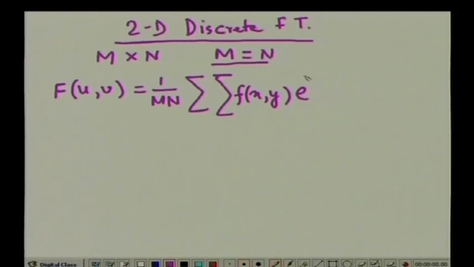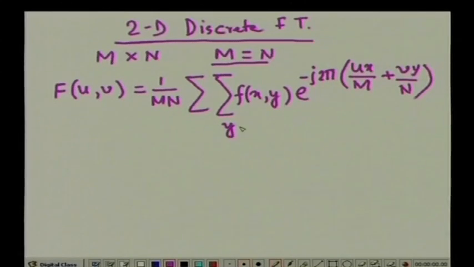The expression remains almost the same, e to the power minus j 2 pi (ux by capital M plus vy by capital N), and now the summation will be for y equal to 0 to capital N minus 1, and x equal to 0 to capital M minus 1, because our images are of size M by N.